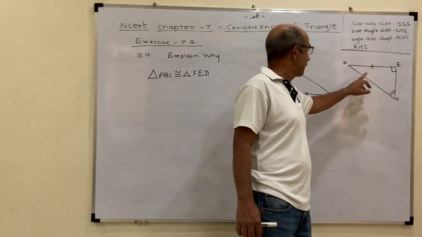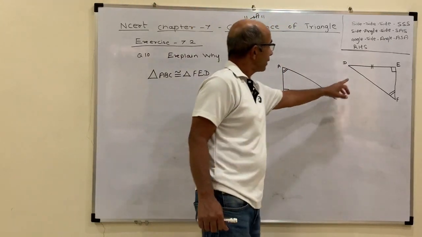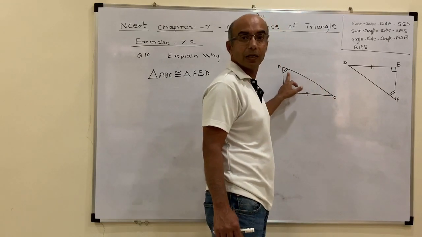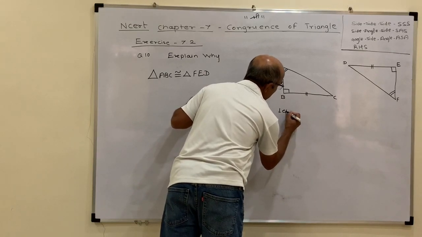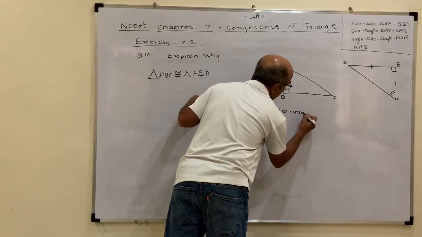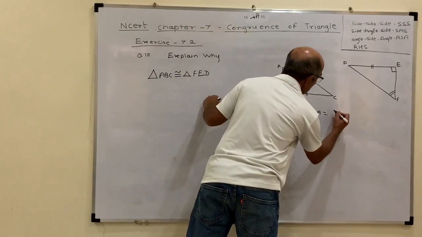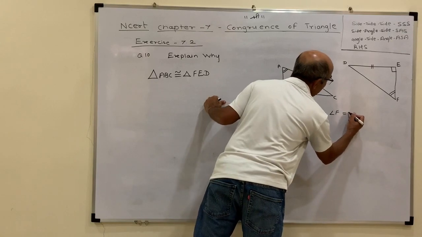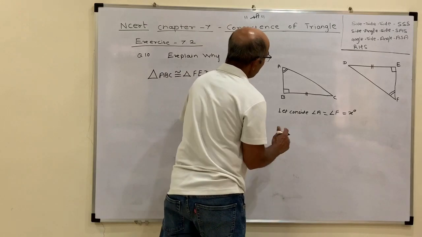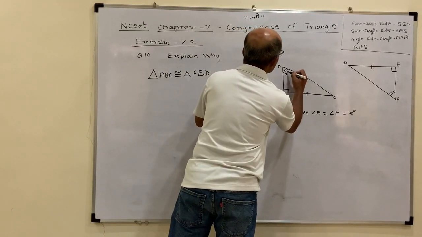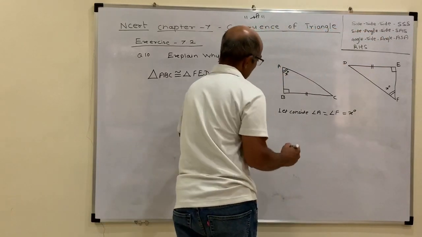Now we need to prove that the two triangles are congruent. But they have not given this angle, but they have given the other angle. So let us consider angle A, which they gave, equals angle F equals x degrees. So now this angle is x degrees, and this angle is x degrees.